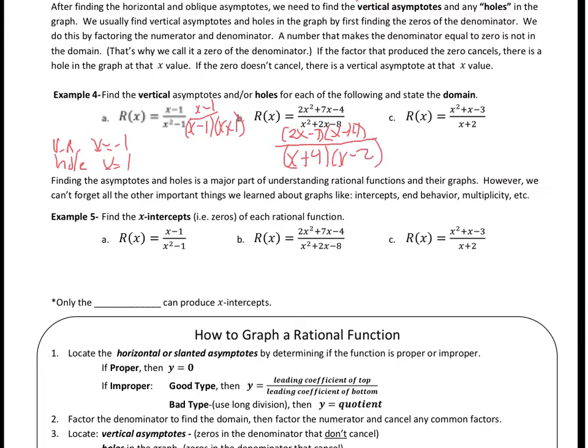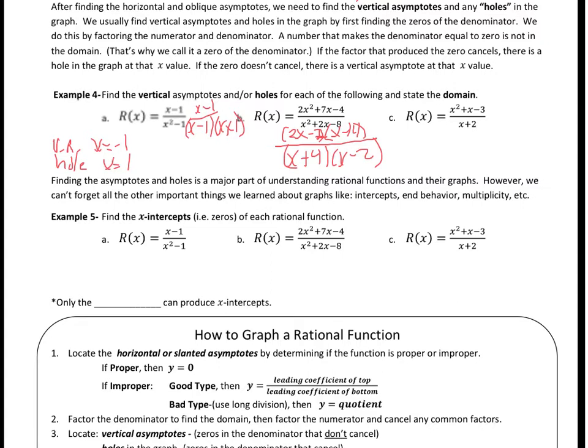I want to keep going on this, even though that's not working, because we're recording this so you can see it again. So your factor on B should be 2x minus 1, can't even read my own writing, times x plus 4, and then the bottom is x plus 4 times x minus 2.